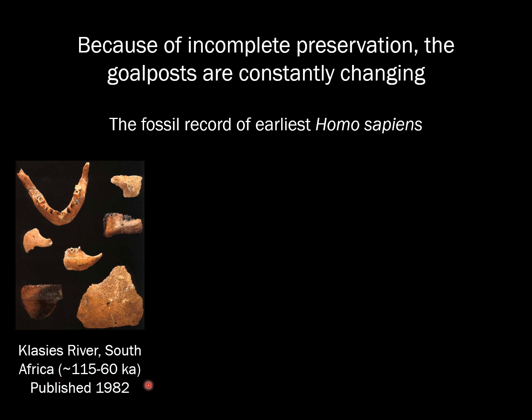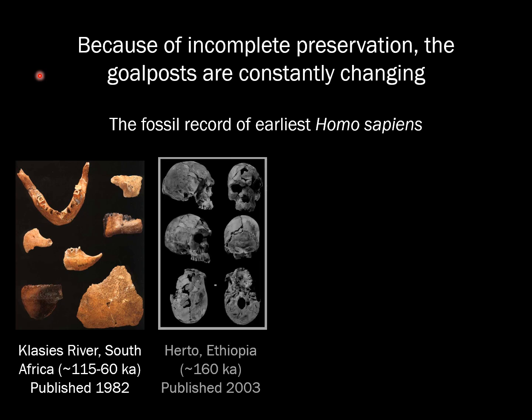South Africa is notoriously difficult to date, although recently newer methods have been invented to get better, more precise dates. But back then, we can even just go with the oldest bounding date, 115,000 years ago. So in 1982, the oldest Homo sapiens known was from South Africa, dated 115,000 years ago.